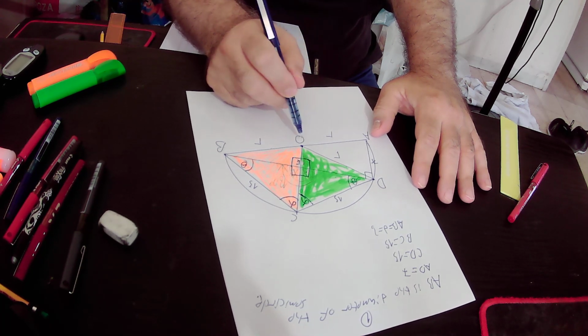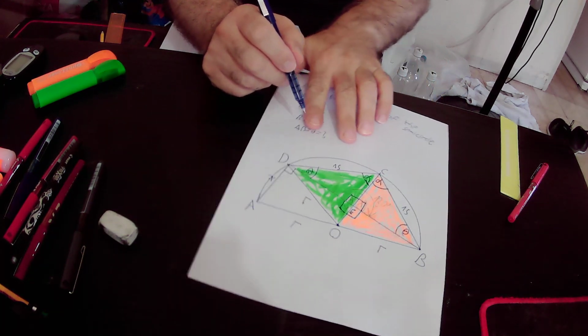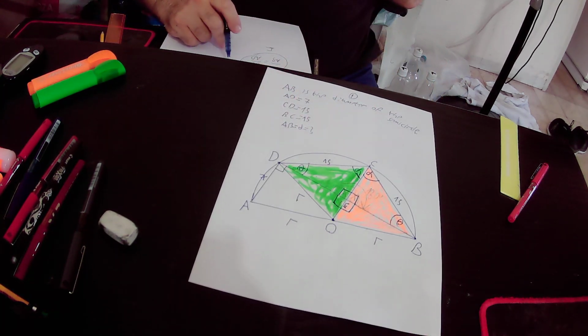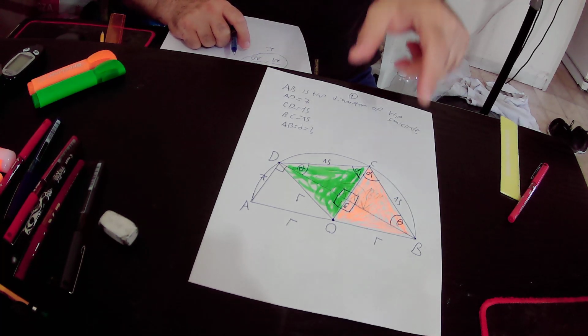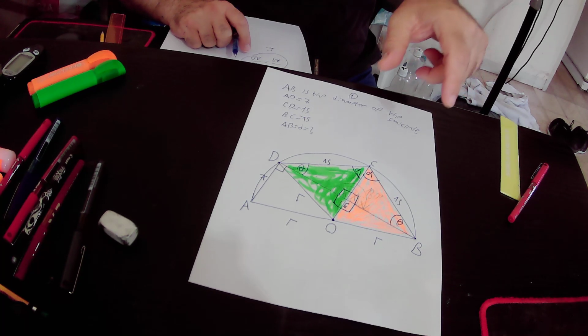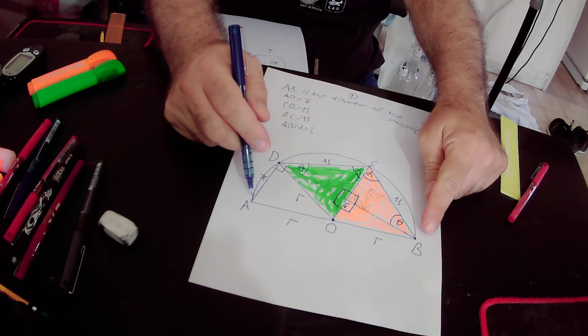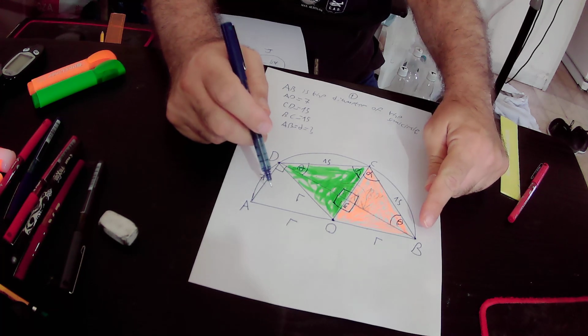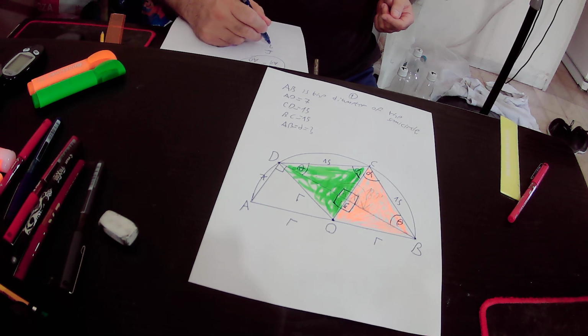So we have the relationship of OB over AB equals OE over AD. And OB is the radius of this semicircle. And what is the value of AB? AB is the diameter of the semicircle, and it equals R plus R. So AB equals 2R.